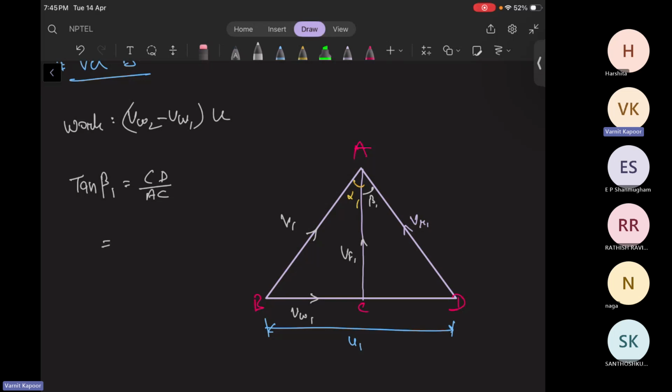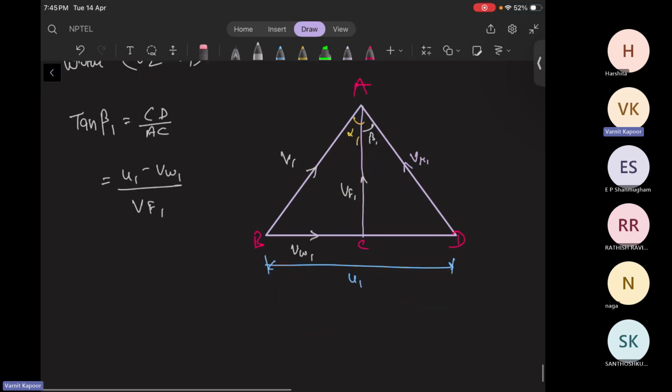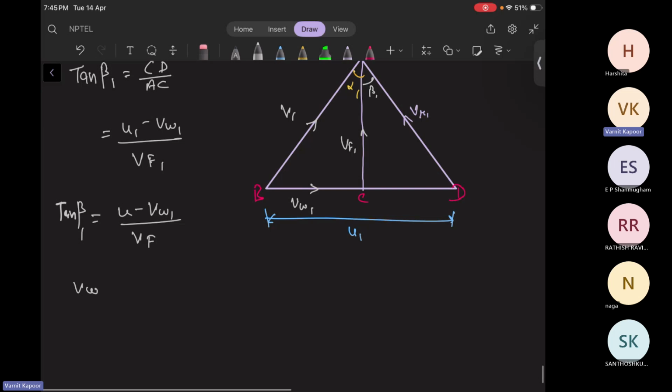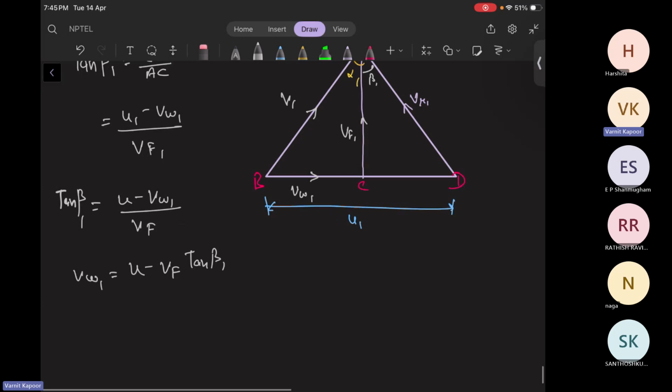And CD is nothing but your U1 minus VW1. And AC is your VF1. So U1 and U2 are same, U minus VW1 by VF1. And flow velocity we have also assumed to be equal, for no thrust across the axial direction. So this is your tan beta 1. So from here, your VW1 can come out to be U minus VF tan beta 1.